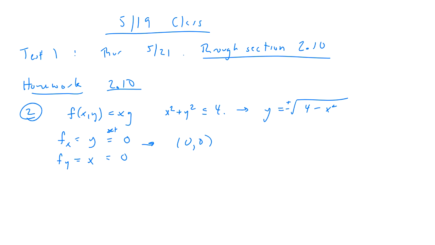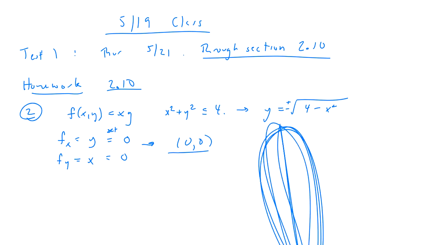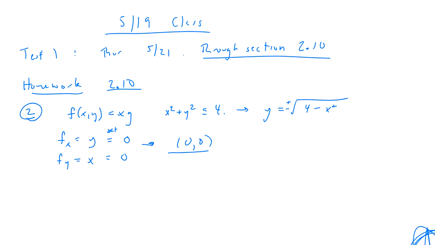Because it's not a function, I get two possibilities: the square root of 4 minus x squared, or the negative square root of 4 minus x squared. Notice in doing that, I'm creating endpoints.